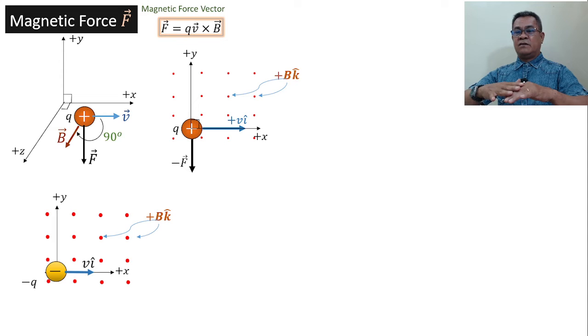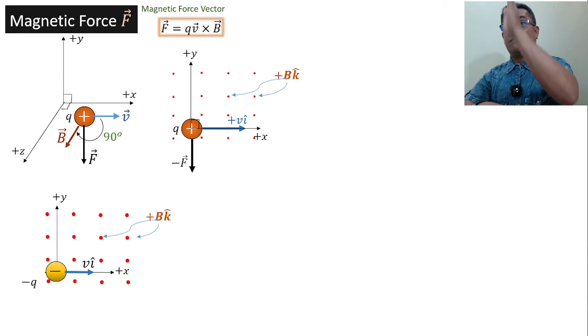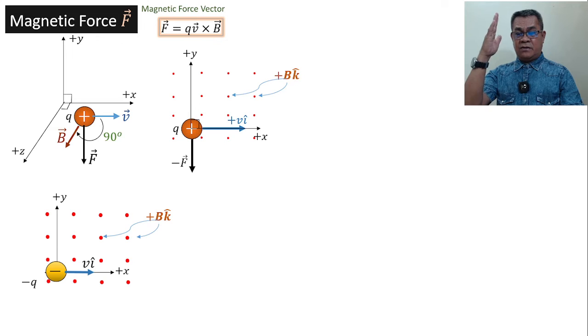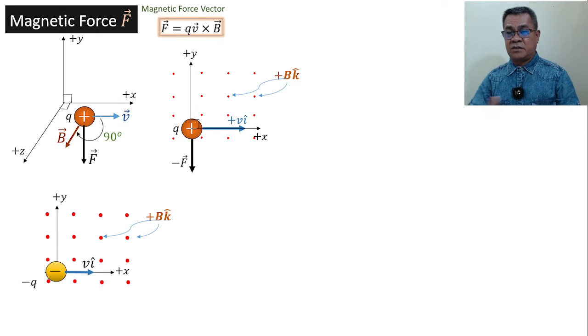Therefore, the force should be along Y. It can be positive or negative. But in that case, is it positive Y or negative Y? We are very sure that the force is lying along the Y-axis, but is it towards positive or towards negative?